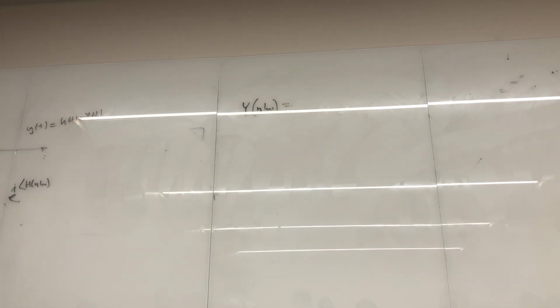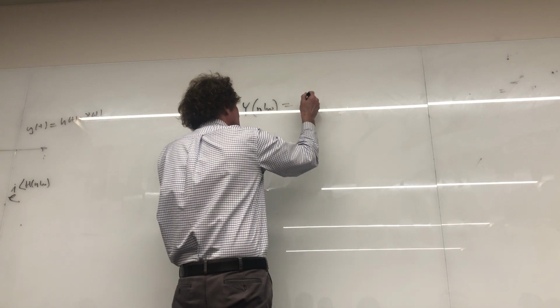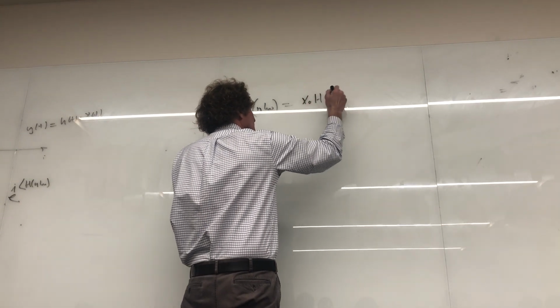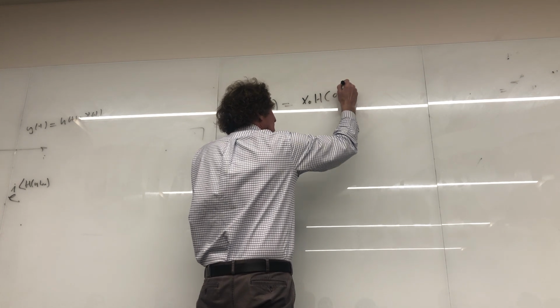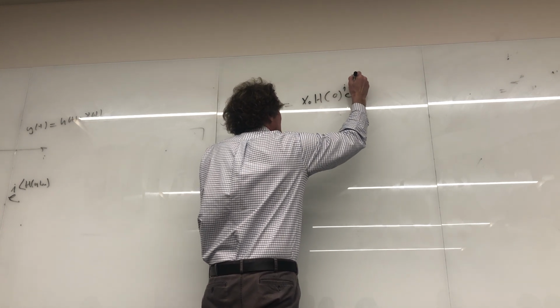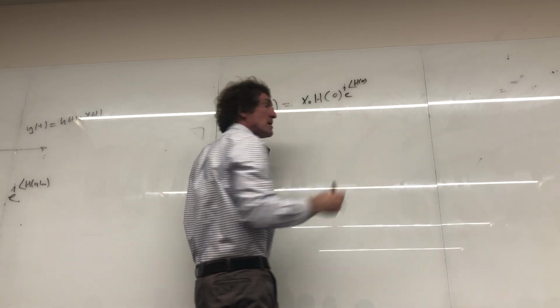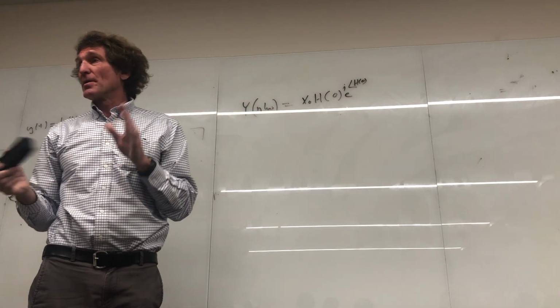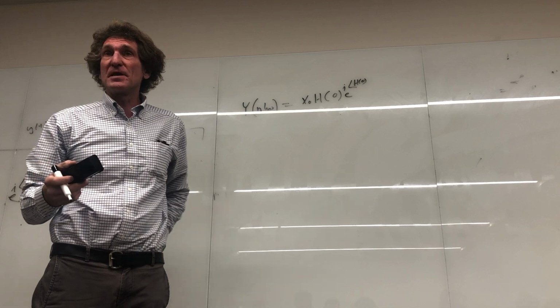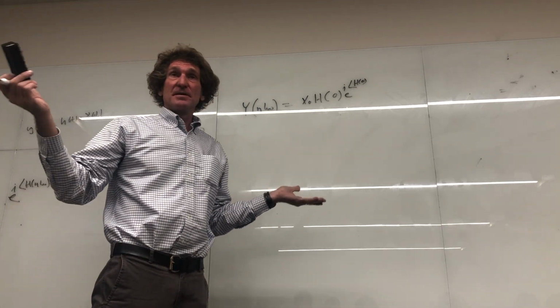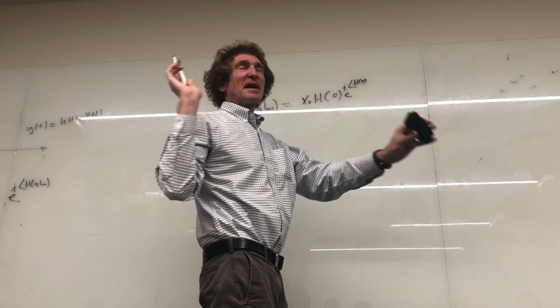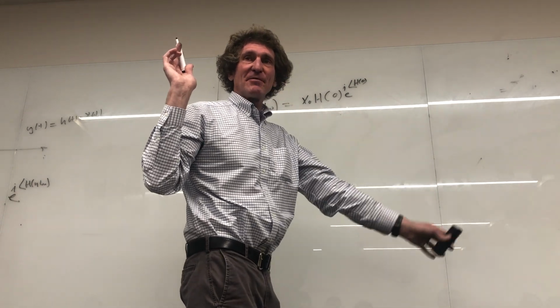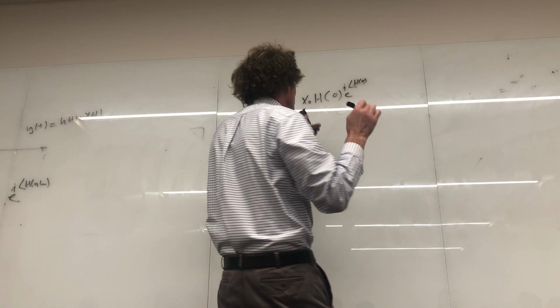When n is 0, it's just x0 times h0, isn't it? So it'd be x0 times h0 at a phase angle of 0, and it'd be e to the j phase angle of h of 0. That's almost always 0, by the way. It's a DC term. You can't have a phase. Well, you could get a minus 1 in there, so yes, you could have a minus pi phase, but generally speaking, it's not.